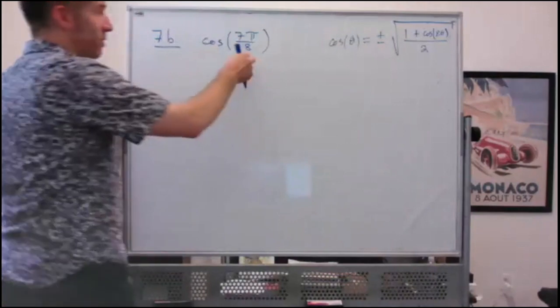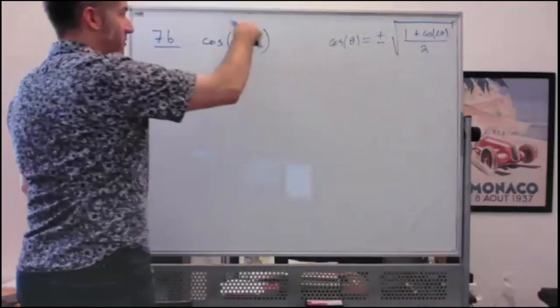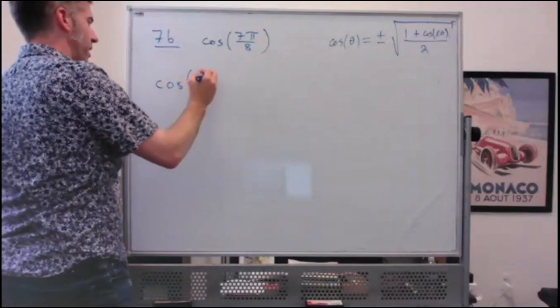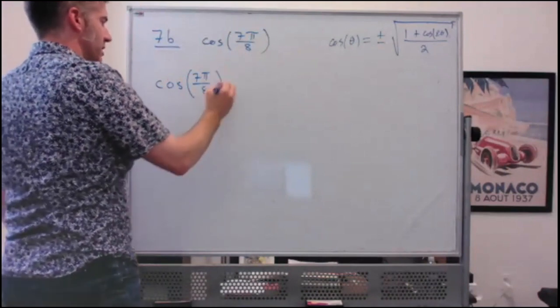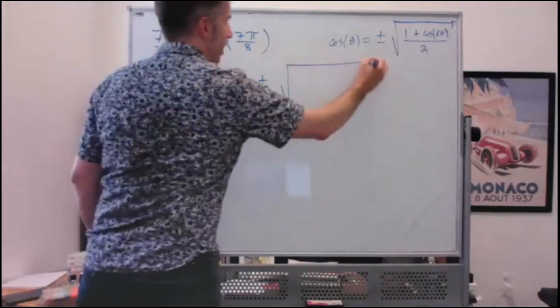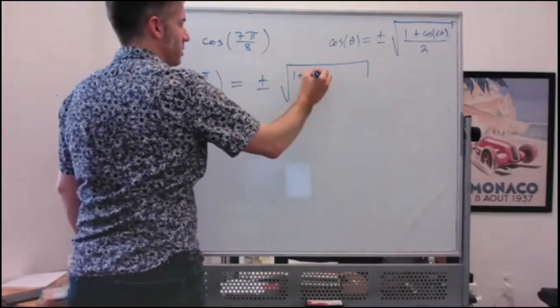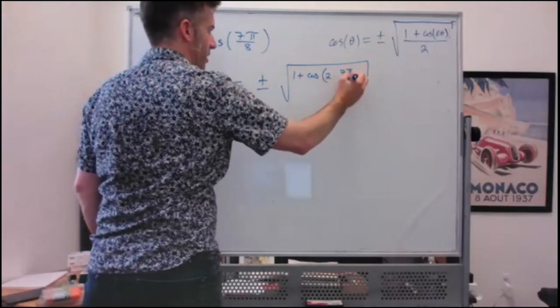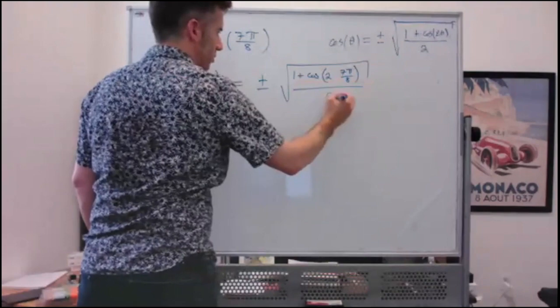So I'm just going to replace the angle theta with 7 pi over 8. So cosine of 7 pi over 8 is equal to plus or minus the square root of 1 plus cosine of 2 times 7 pi over 8, over 2.